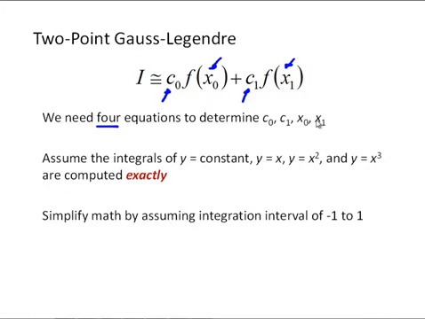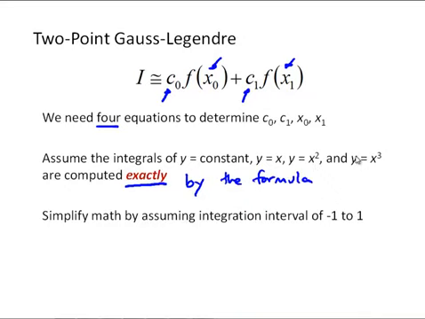The approach for Gauss-Legendre is we're going to assume that the integrals of the functions y equals a constant, y equals x, y equals x squared, and y equals x cubed are computed exactly by our formula. We'll use those 4 constraints to develop 4 equations.